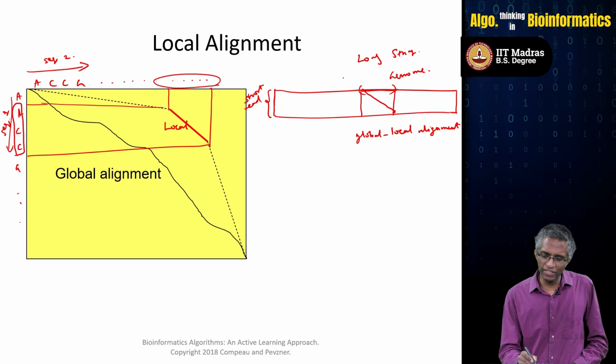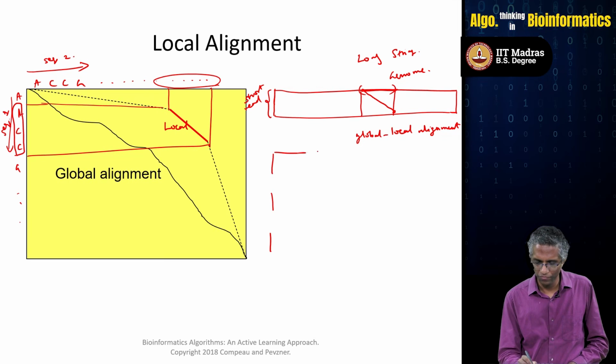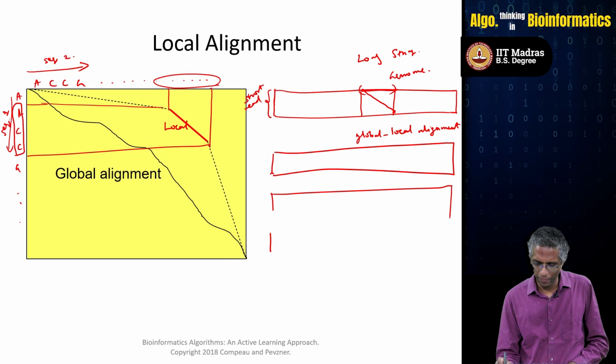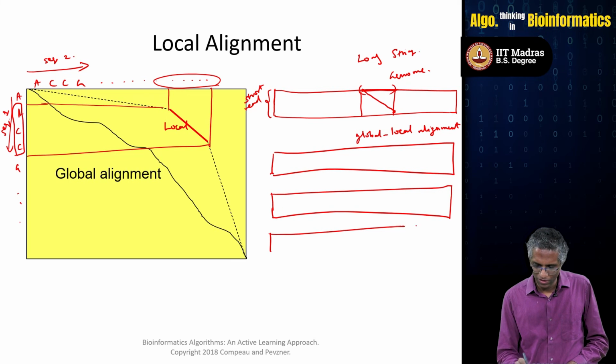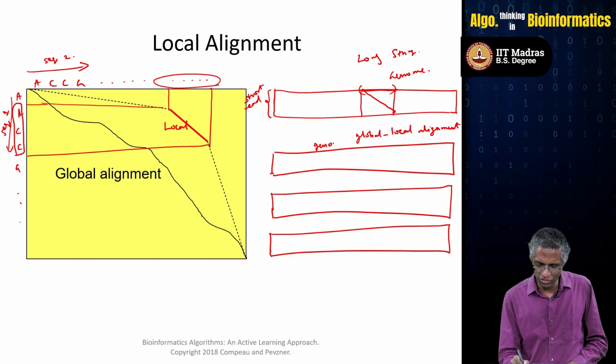And this has to be done not just for two sequences. The genome is the same, but it has to be done for many short reads. So this is still the same genome, the reference genome. All of these reference genomes in these alignment problems are the same.